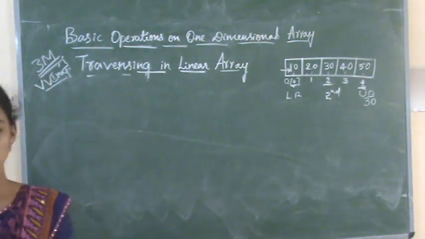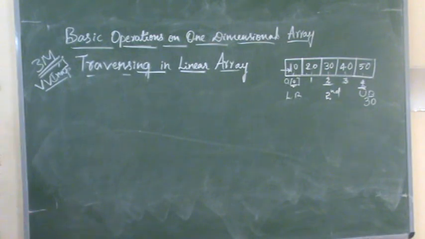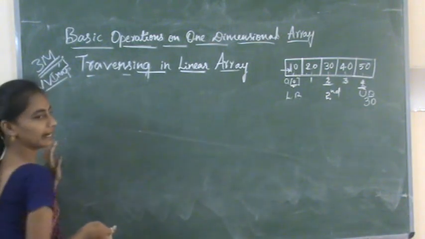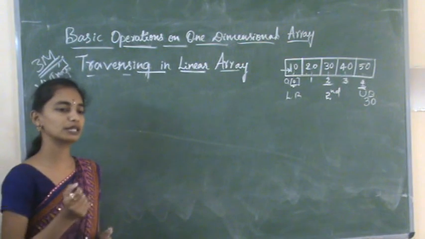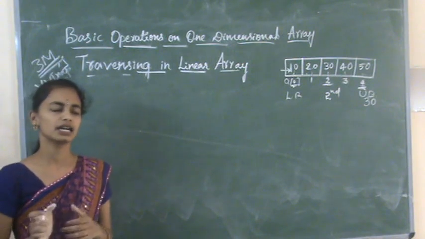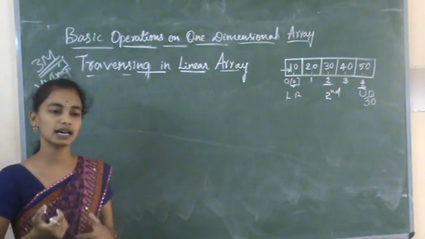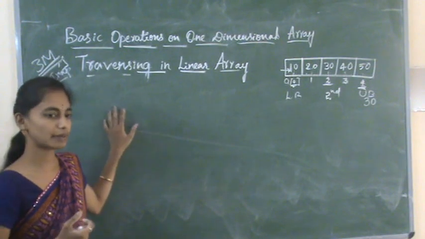the program to write input and output of array elements. So in first PUC we studied, right, reading and writing the array elements. So that is the same as this.